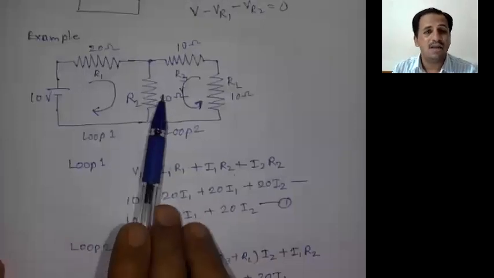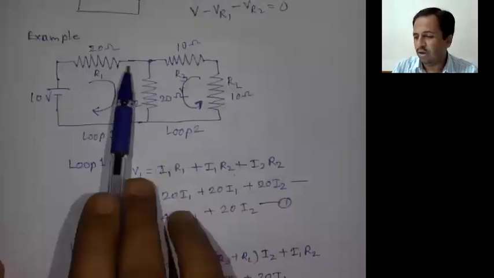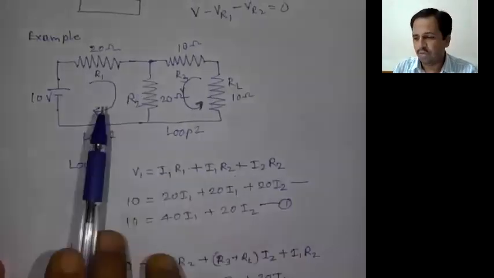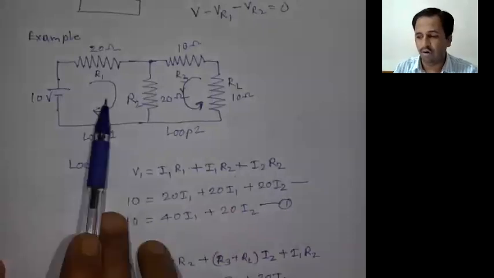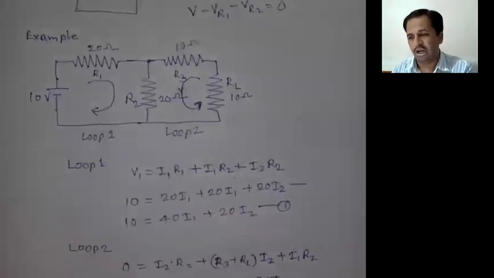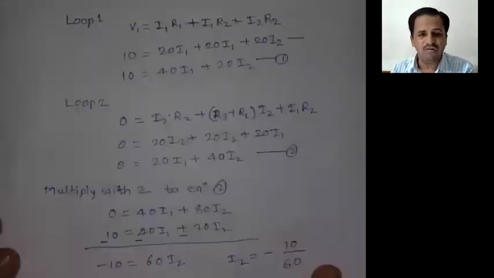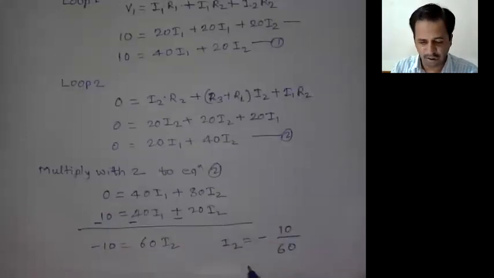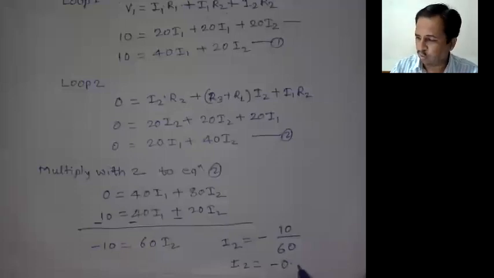It does not have the same direction, because the current flowing through this R2 has the other direction, meaning it is subtracted from I1, not added. Therefore we get this value. Simplifying, we write I2 equal to minus, because of the current direction which we have to consider. Simplifying again, you get this result.